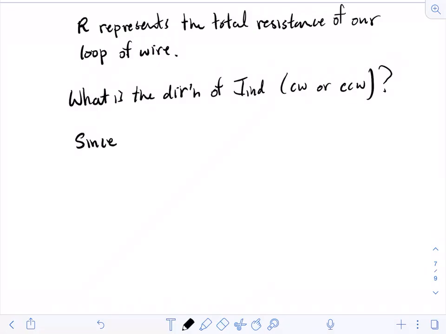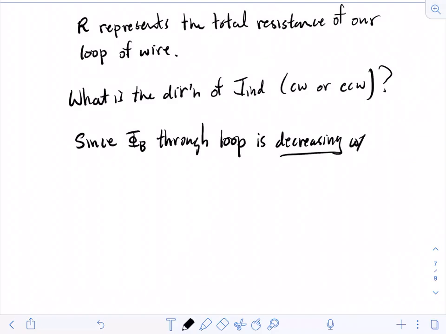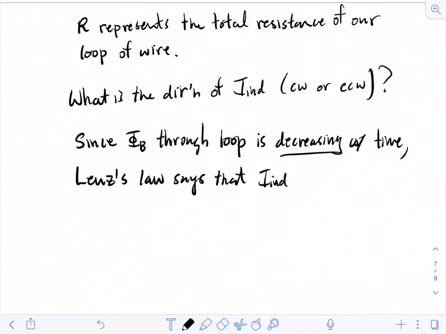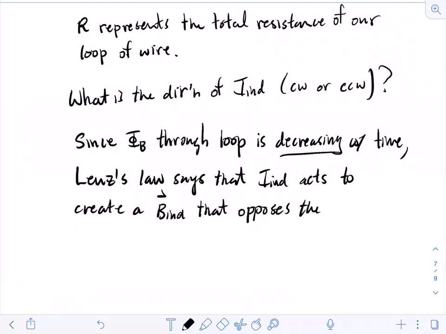So since the magnetic flux through the loop is decreasing with time, Lenz's law says that I induced acts to create a B induced that opposes the decreasing magnetic flux.